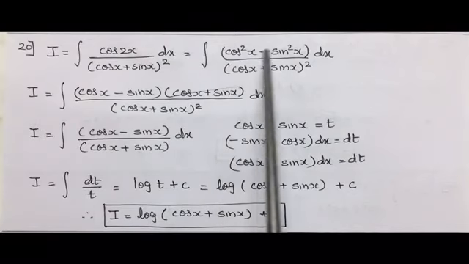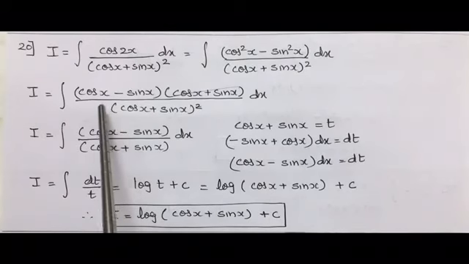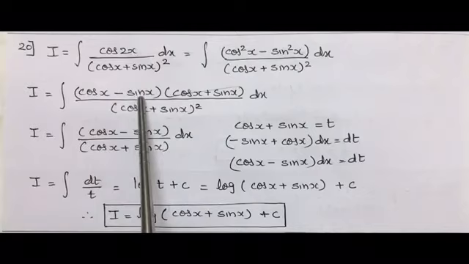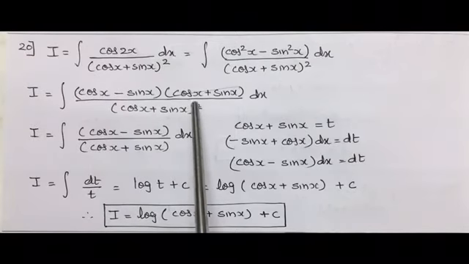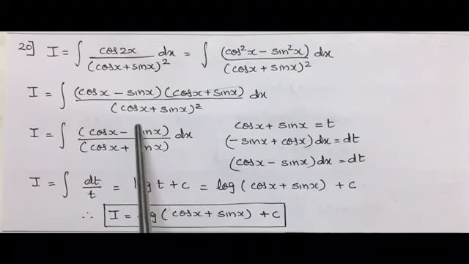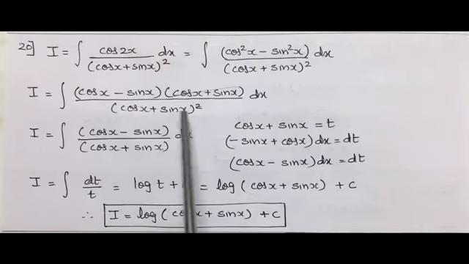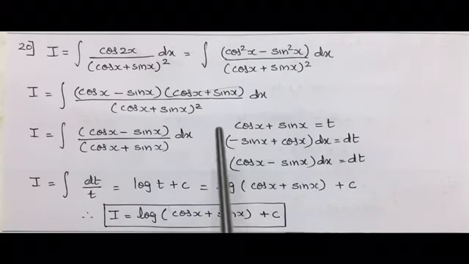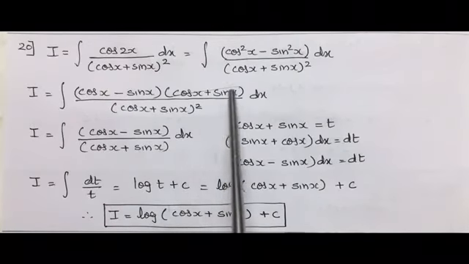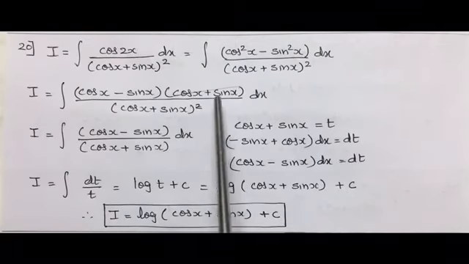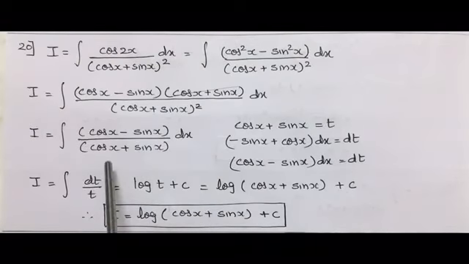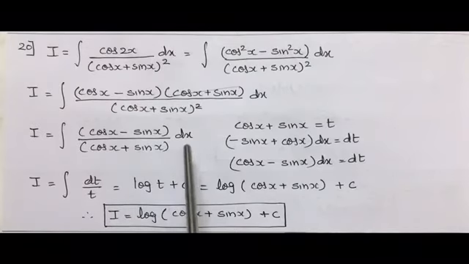Now using a square minus b square form, we get (cos x minus sin x) into (cos x plus sin x) divided by (cos x plus sin x) whole square dx. Now cancelling one cos x plus sin x up and down, we get integration (cos x minus sin x) upon (cos x plus sin x) dx.